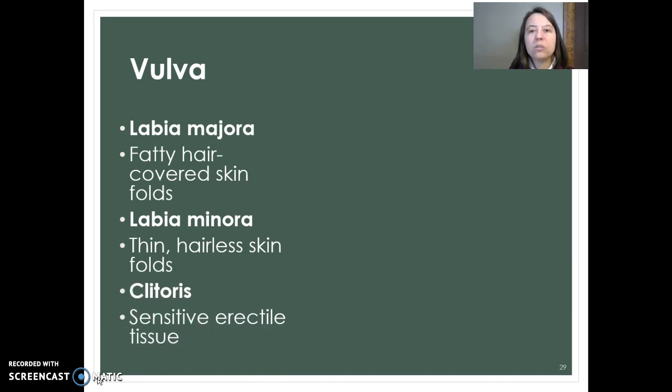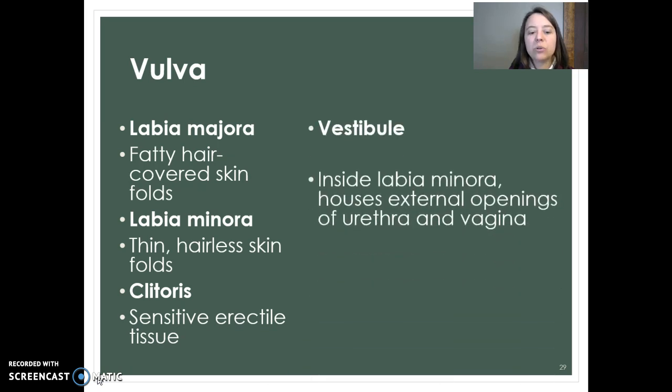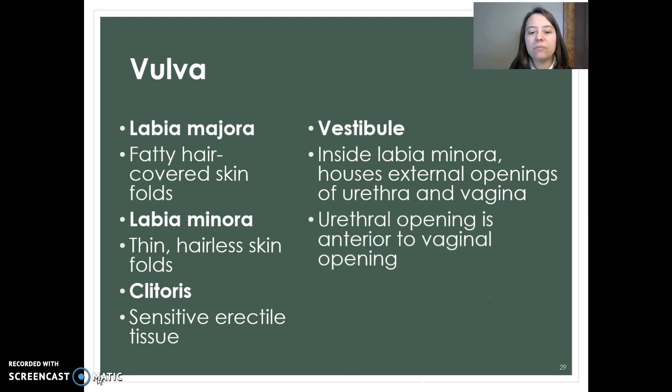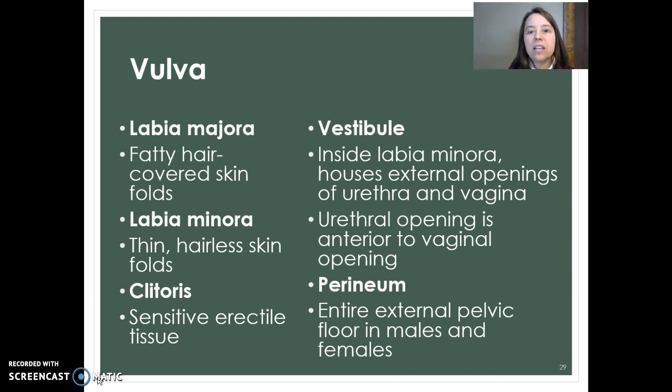The clitoris, which is the sensitive erectile tissue, and the vestibule is inside the labia minora, and this houses the external openings of the urethra and the vagina. So the urethral opening is anterior to the vaginal opening, anterior. And then the perineum, which is the entire external pelvic floor in males and in females.